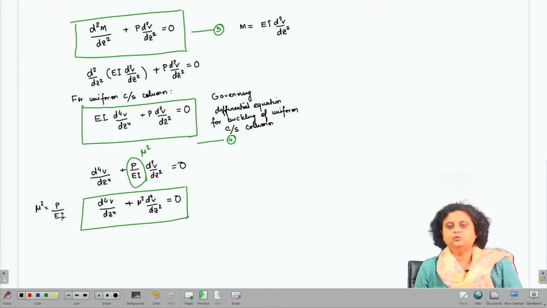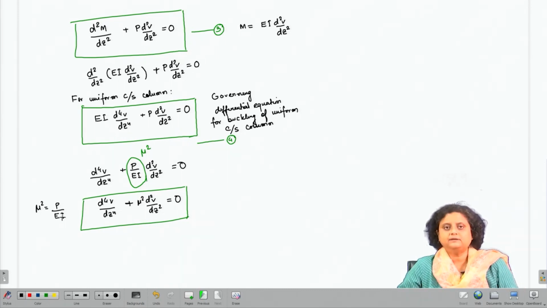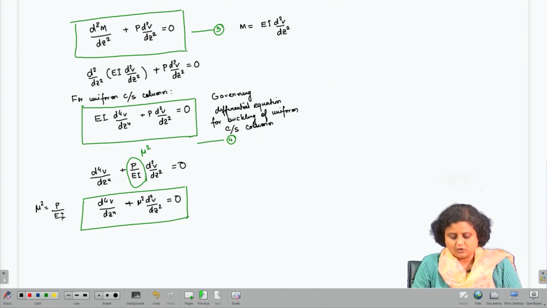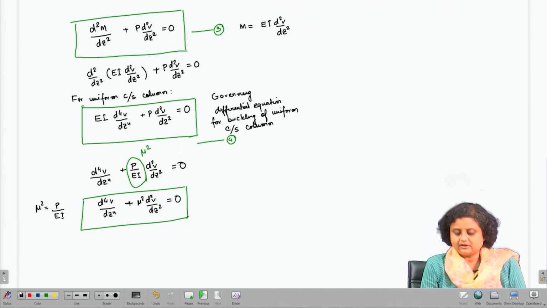Now, we need to solve this equation. This equation is a homogeneous fourth order ordinary differential equation, which is very easy to solve. Let me call this equation 5.